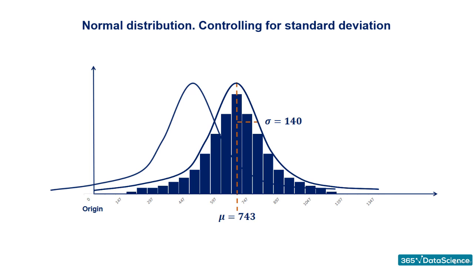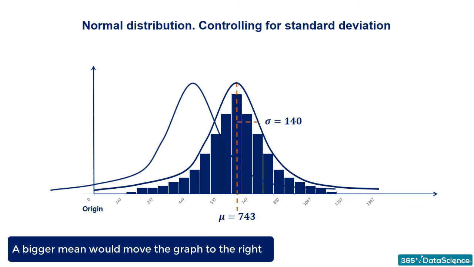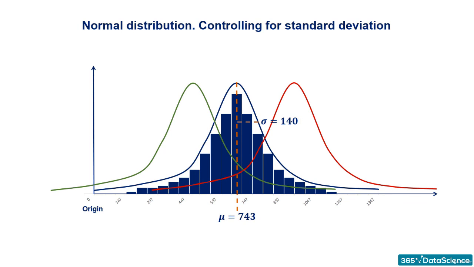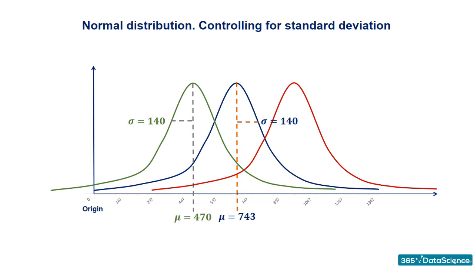In the same way, a bigger mean would move the graph to the right. In our example, this resulted in two new distributions, one with a mean of 470 and a standard deviation of 140, and one with a mean of 960 and a standard deviation of 140.